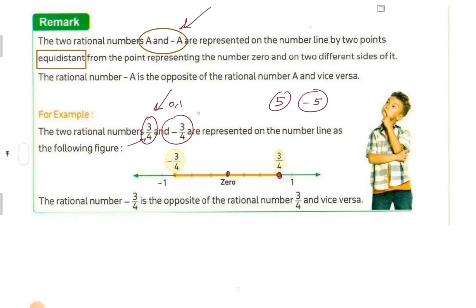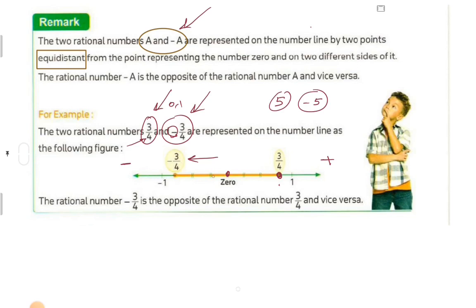Where can I represent -3 over 4? It's easy. It's the same way, but in the other direction because it's negative. We said that here we have positive and here we have negative. For 3 over 4 positive we put it here, but for -3 over 4, the same steps, but to the left of 0: 1 part, 2 parts, 3 parts, with the negative sign.